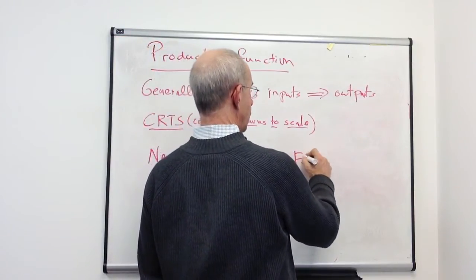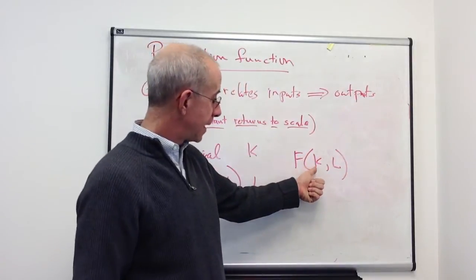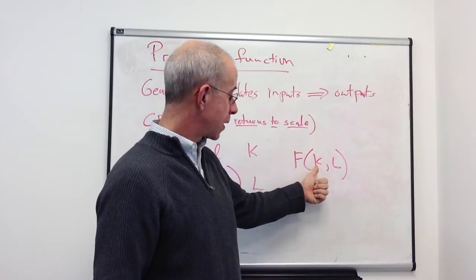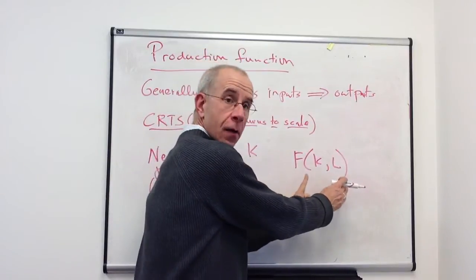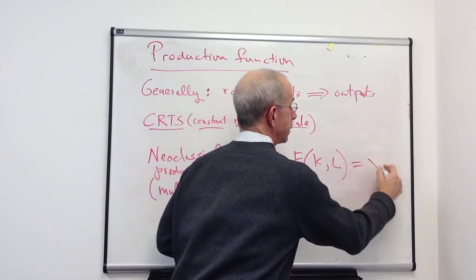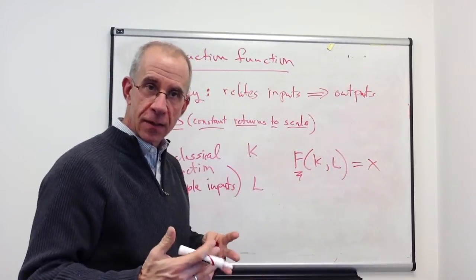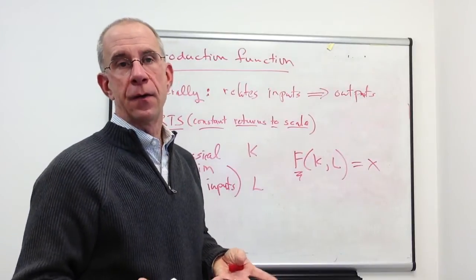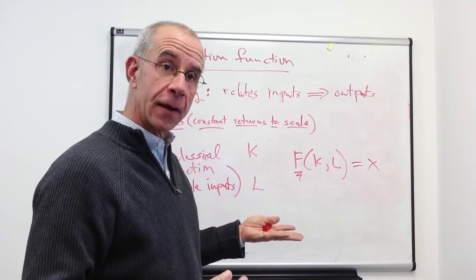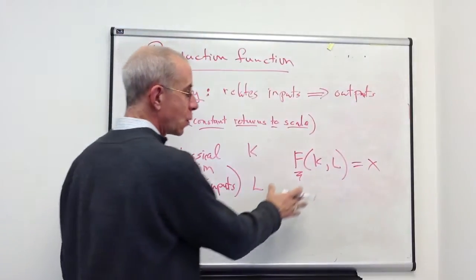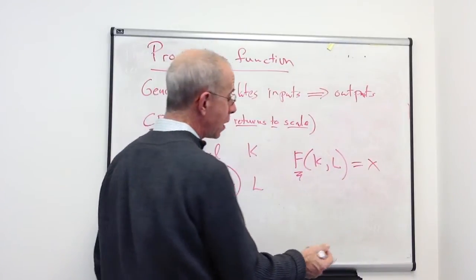The way that's written, the amount of capital K used in production and the amount of labor L used in production is related to output Y by this production function F. So that gives you the efficiency of how capital and labor produce this final good. This is going to be the terminology that we use for a production function later on.